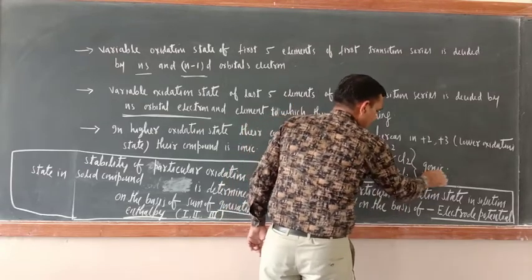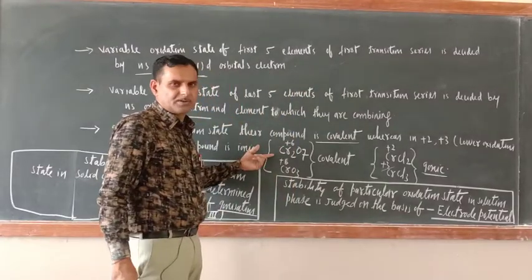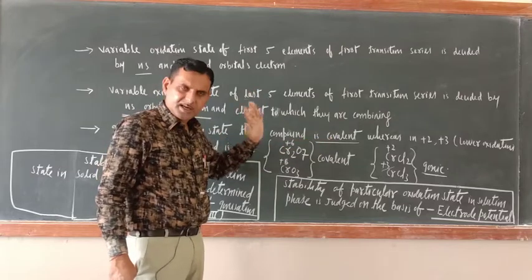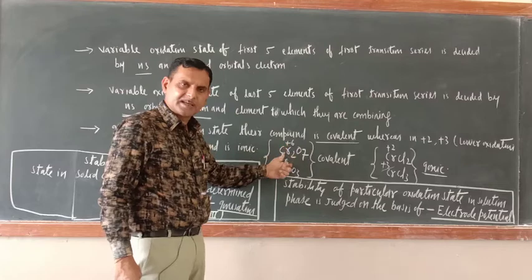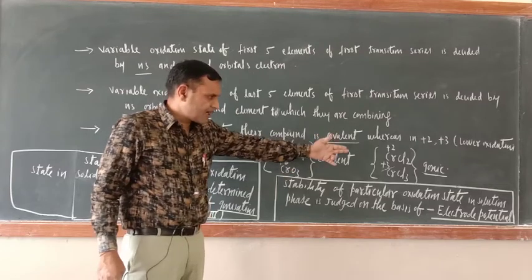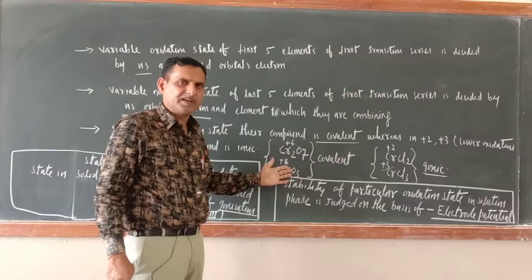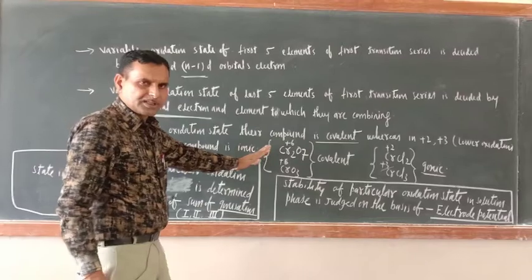Here the same element is exhibiting two types of oxidation states, plus 6 and plus 2 and plus 3. Plus 2 and plus 3 are lower oxidation states as compared to plus 6. So in plus 2 and plus 3 oxidation states they will be ionic, and they will be covalent in plus 6 oxidation state.